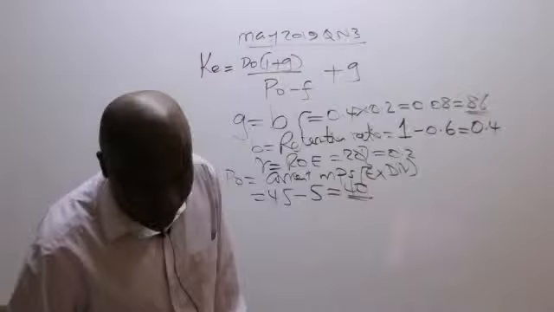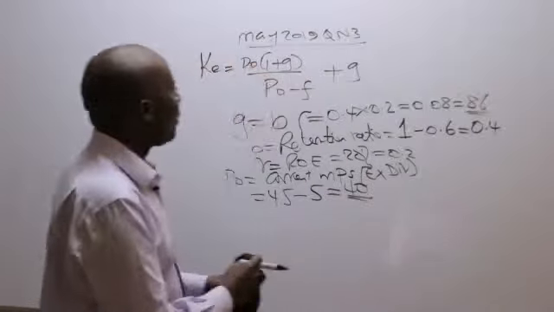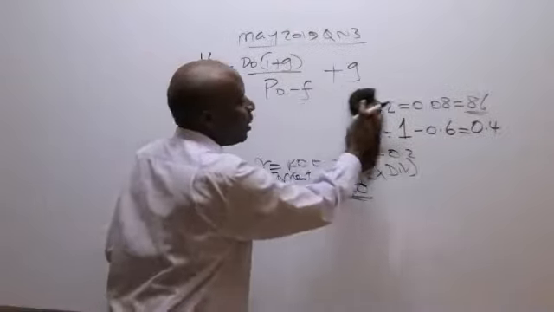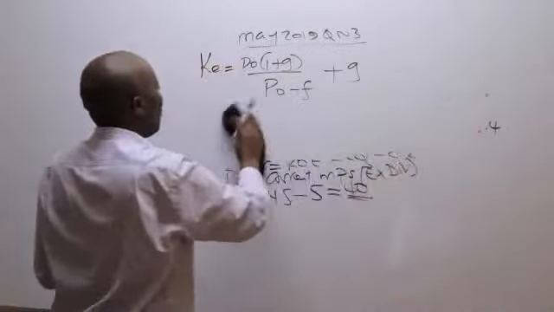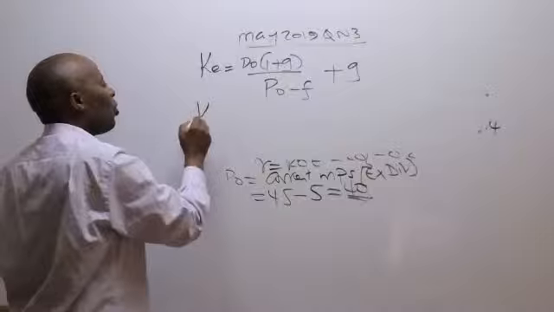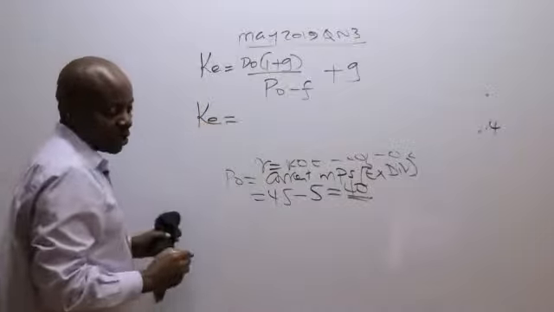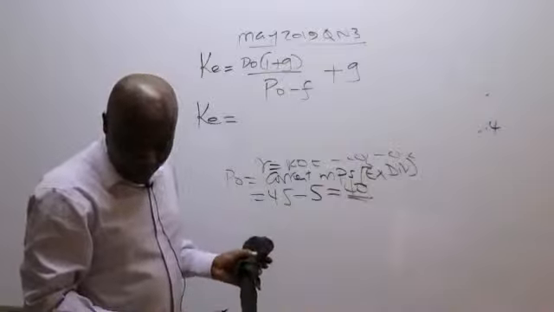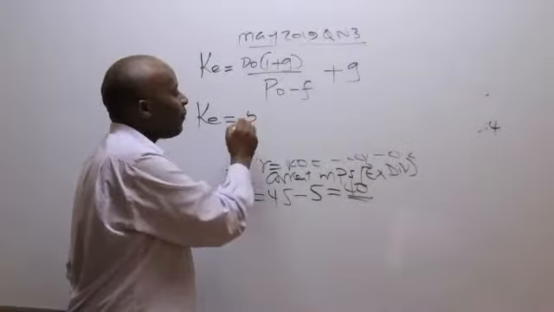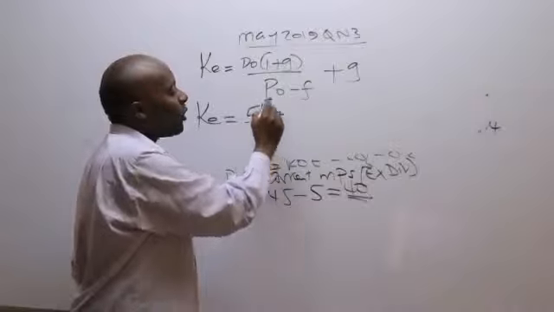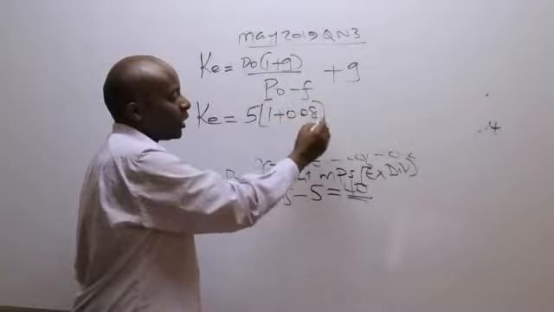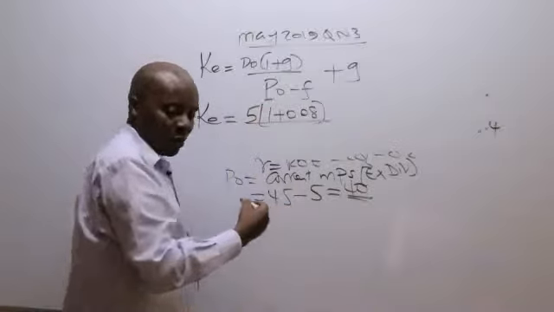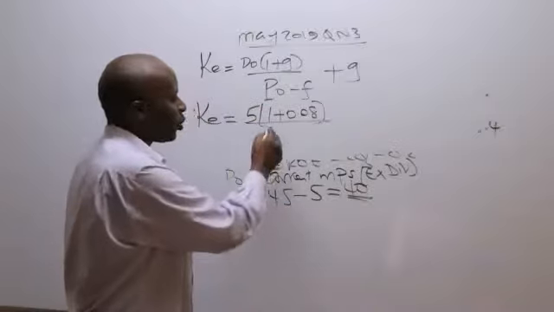So ladies and gentlemen, the moment I reach here, it will be very easy for me to finish up the entire requirement in Roman 1. The cost of ordinary shares, the cost of equity, will be equal to the current dividend, which is 5, into (1 plus the growth rate that we got as 0.08) all over the P0, which is ex-dividend, which happens to be 40.